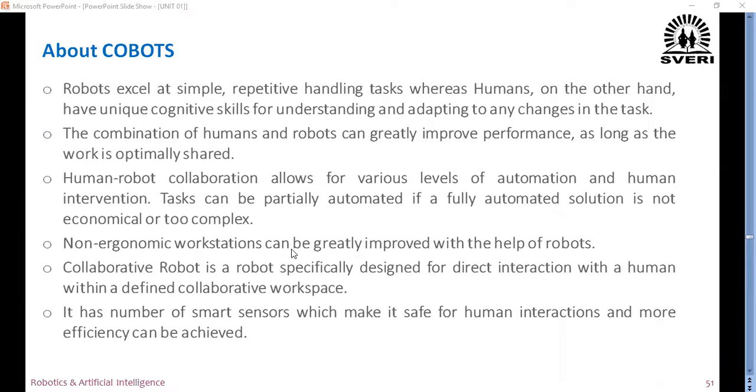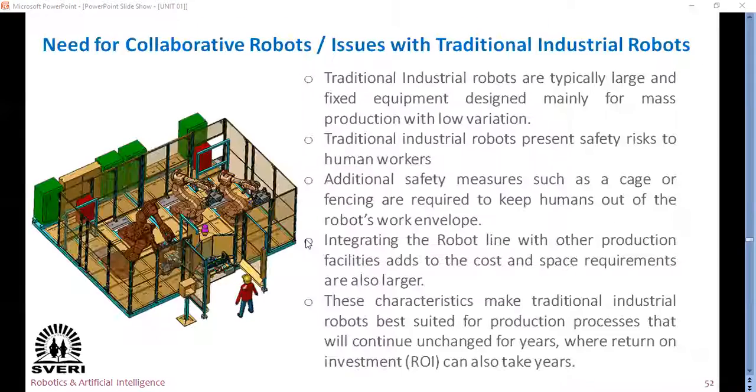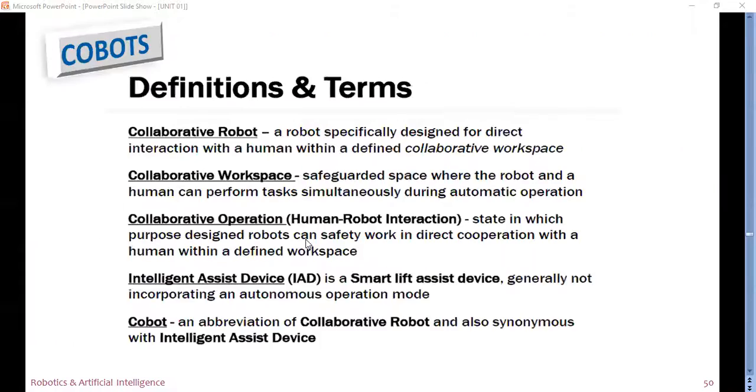Otherwise, if both human and robot work collaboratively and you do not use any sensors, then there are chances that an accident will take place. That is, a hammering action will be there on the human by the robot.